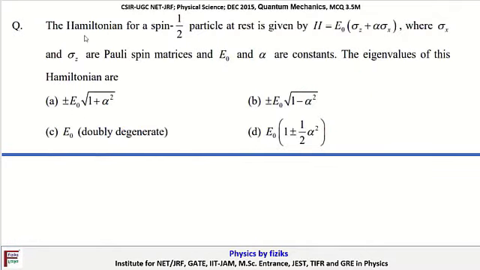The Hamiltonian for a spin half particle at rest is given by, where sigma x and sigma z are Pauli spin matrices and E0 and alpha are constants. The eigenvalues of this Hamiltonian are.